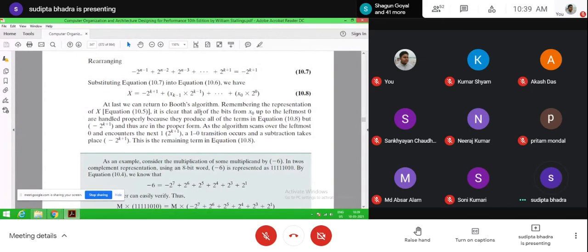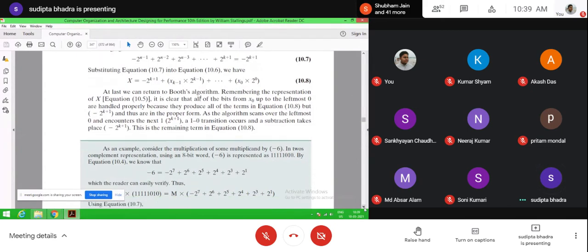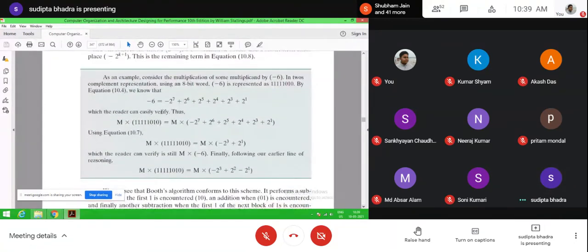So here this is an example. Say for example the multiplier is minus 6. Now minus 6 means what? Minus 6 means minus 2 to the power 7 plus 2 to the power 1 up to 2 to the power 6, meaning the corresponding bit positions are 1.